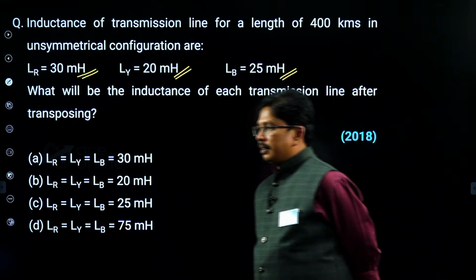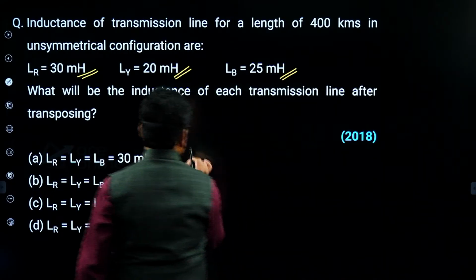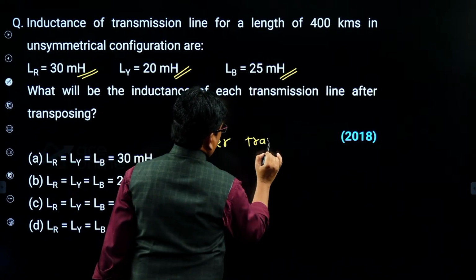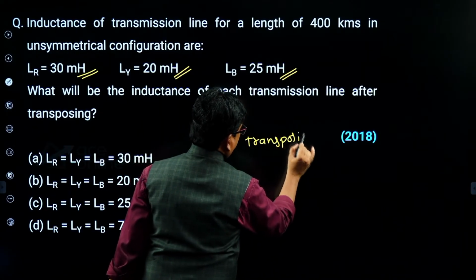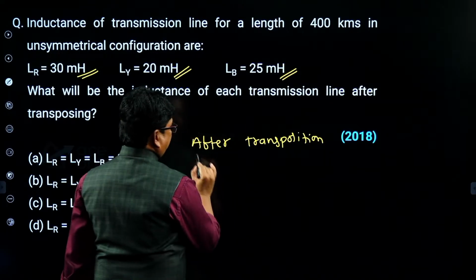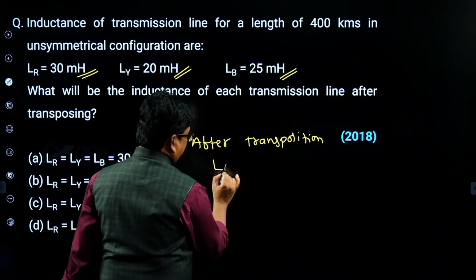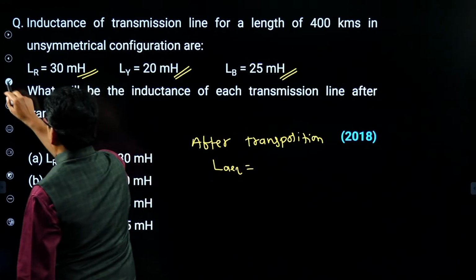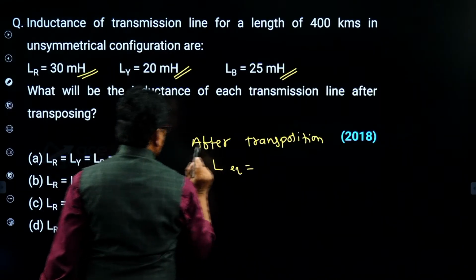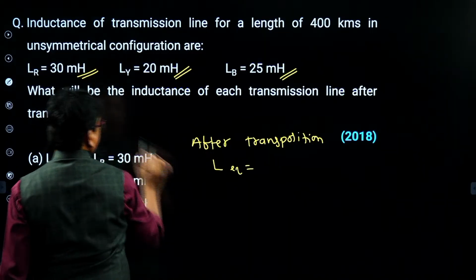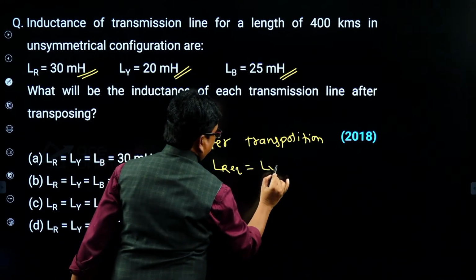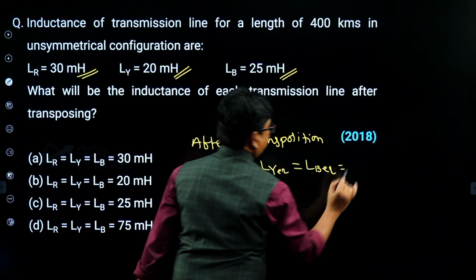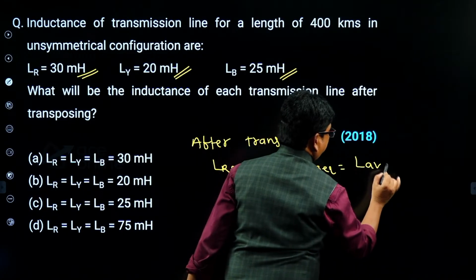But students, after doing transposition, the equivalent inductance, that is the LR equivalent value for R phase, LY equivalent value, LB equivalent value, is nothing but L average value.